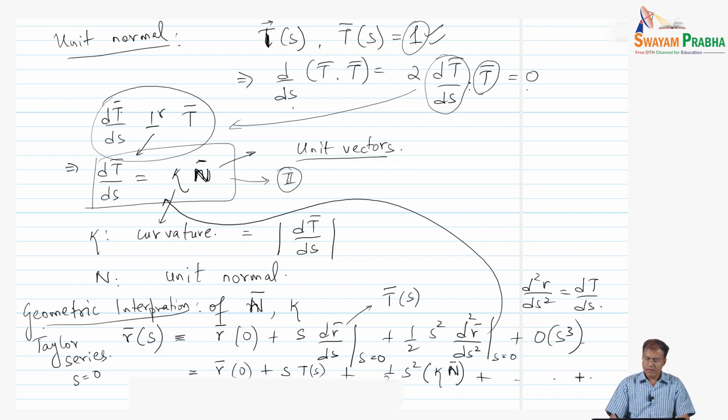So we can see that the tangent to any curve is the first approximation, the Taylor series approximation near arc length s equal to 0, and the normal is the second, the quadratic approximation to this curve at s equal to 0. So the tangent and the normal are the first and the second approximation to these curves at s equal to 0.